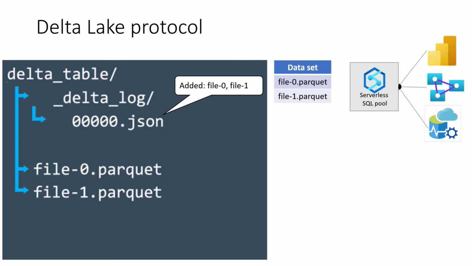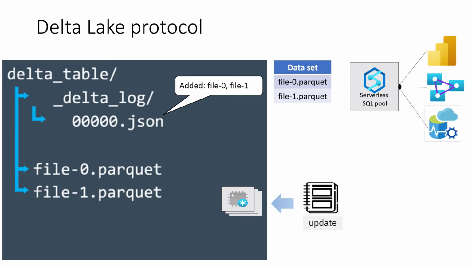OpenRowSet will read these two Parquet files, and it will get data from these two Parquet files in Delta table folder. This way, Serverless is enabling tools that are using T-SQL language to directly read data from Delta Lake folder.